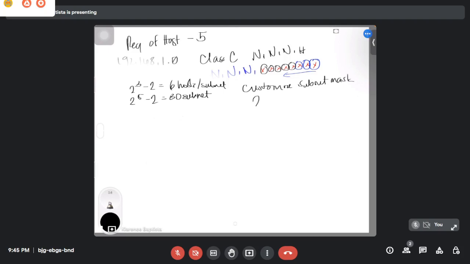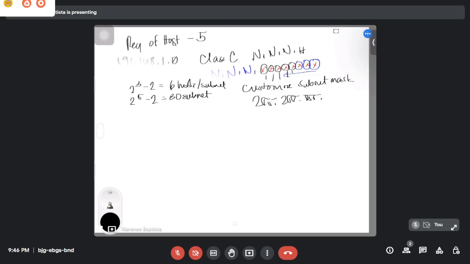Pagkuha, 255, dahil class C, 255.255.255. Dot, kunin natin to. 128, 64, 32, 16, tsaka 8.